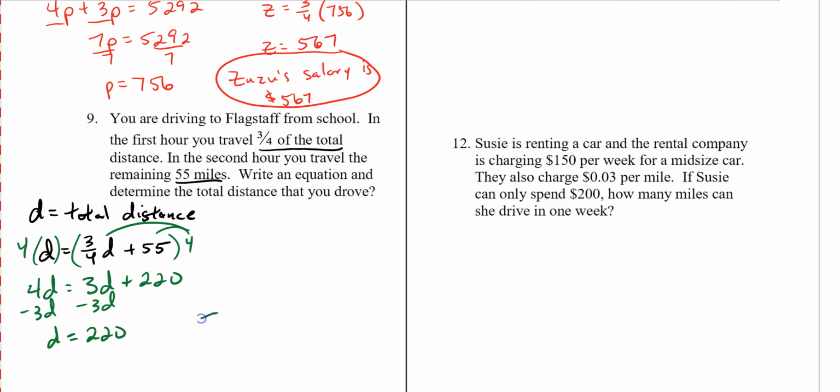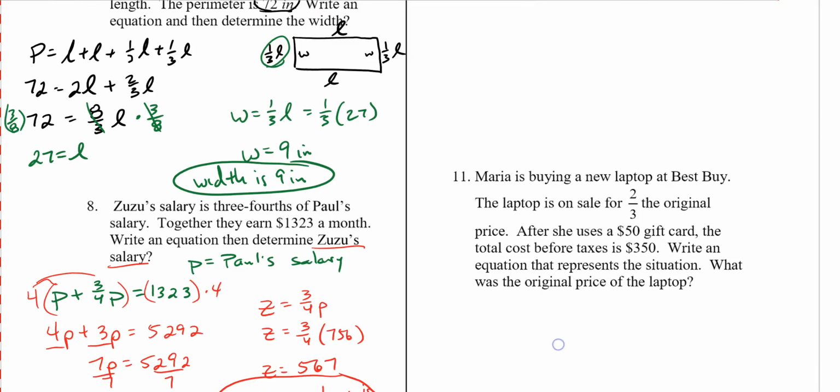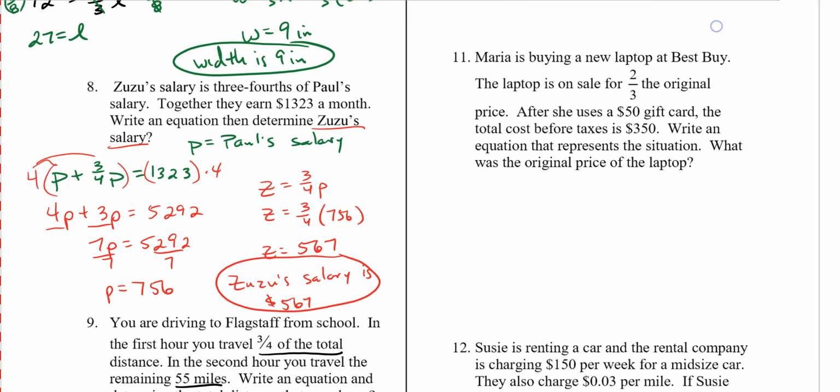So the total distance is 220 miles. Don't forget, since these are word problems, we need to write it in context. We need to write down what we just found. Number 10, we're going to skip it. The question is worded poorly, and we're missing some information to get the full solution. So don't worry about number 10.